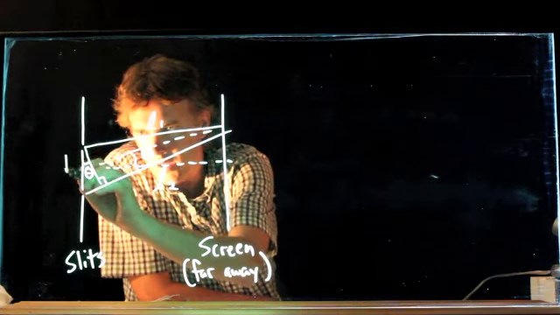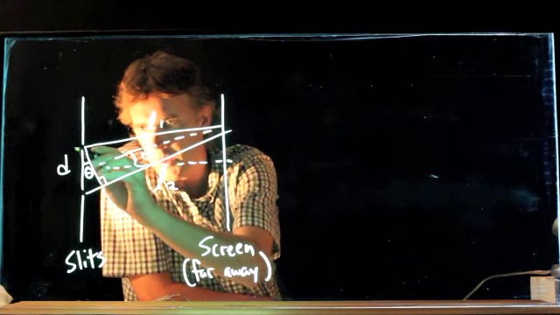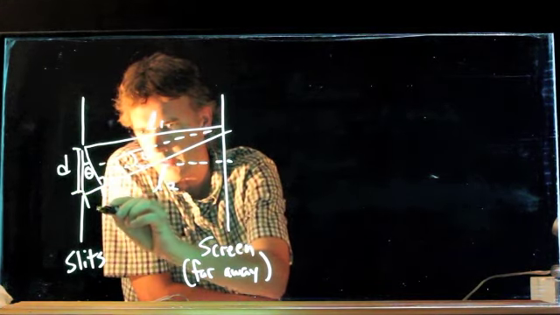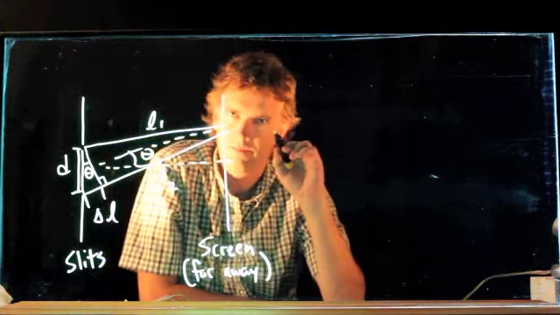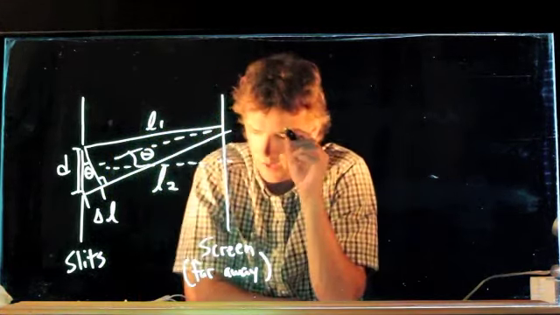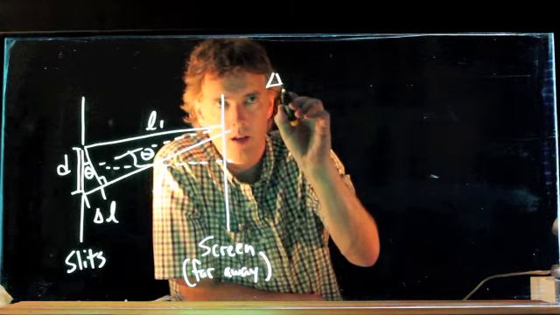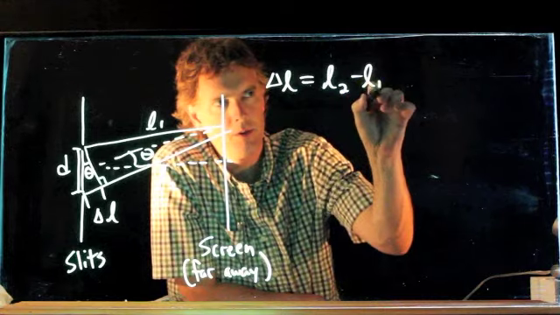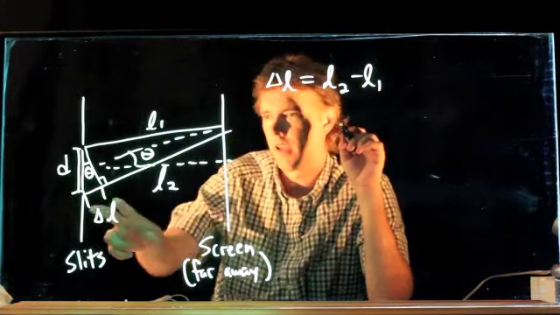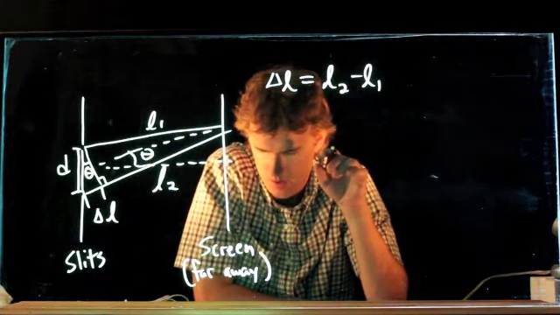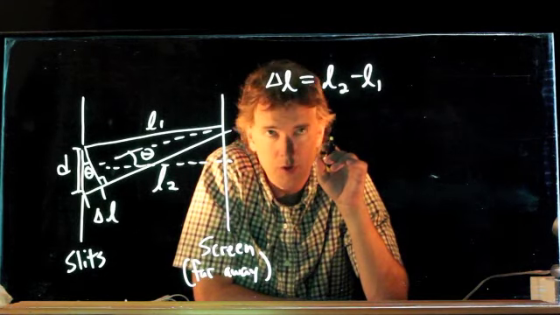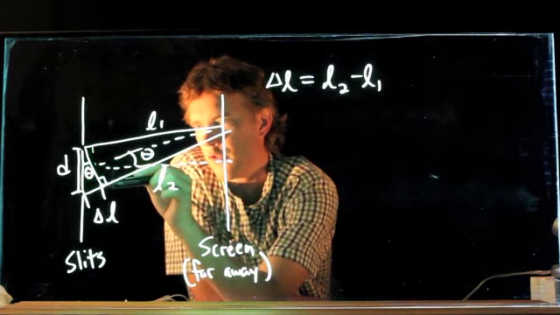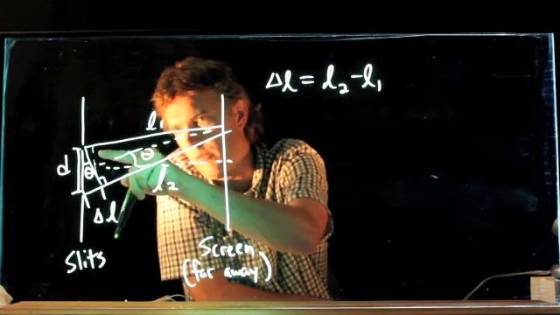If the screen is far away, then the distance from the center of the slits to the screen is pretty long, and that angle is roughly equivalent to that angle there, theta. Let's mark the distance d between the slits, and let's also mark this little distance right here as delta L. So what is delta L? Delta L is just the difference between those two paths, L2 minus L1. It's this little distance right here. But we can also use a little geometry with this triangle right here, a little trig.